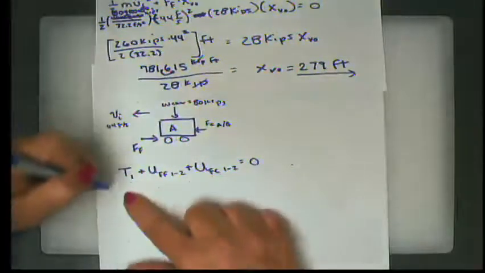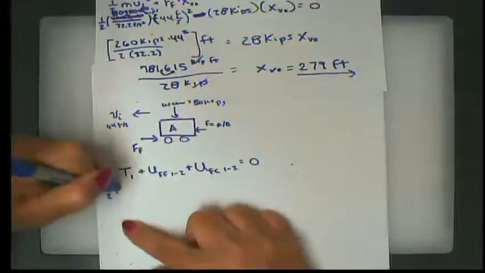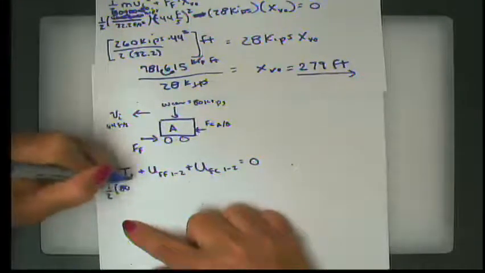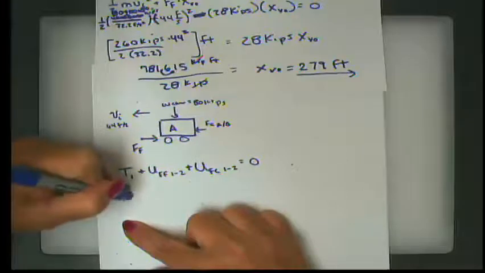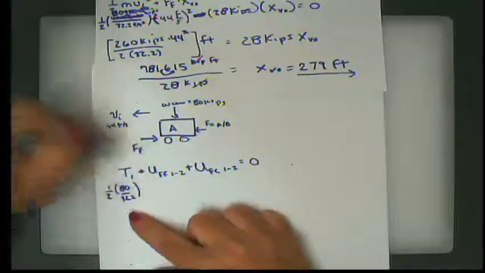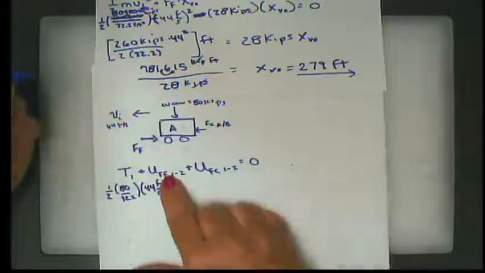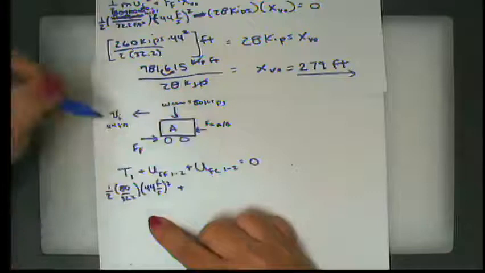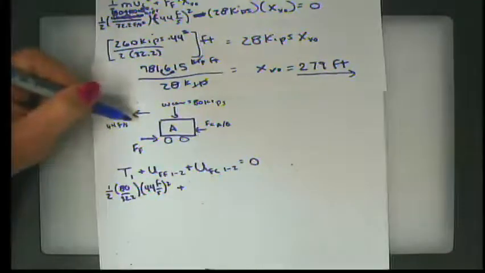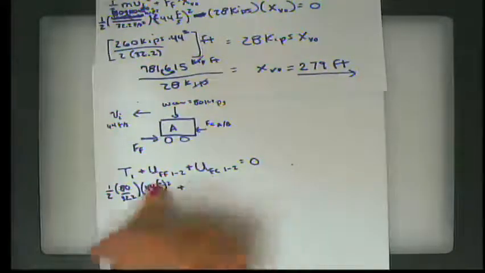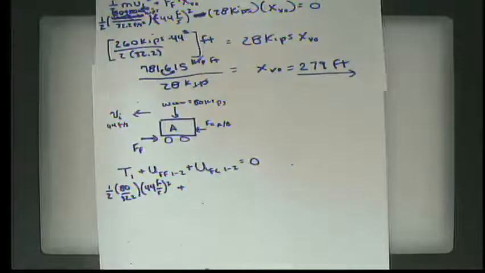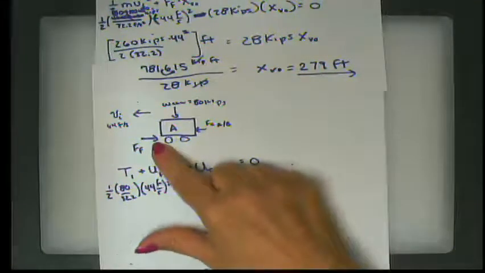All right, so this is 1/2 times the mass times the velocity initial squared. The work done by friction, I guess I would probably call that negative work, even though the direction is to the right.